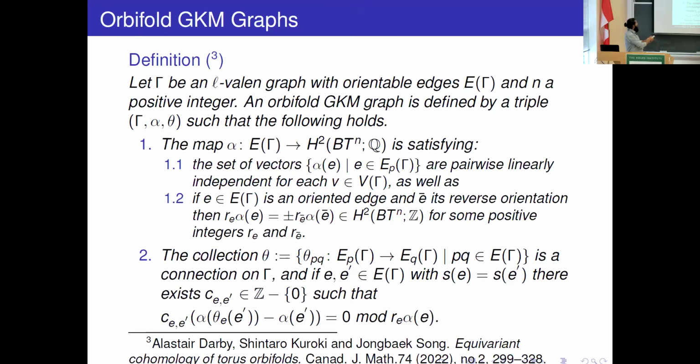But do they allow the same sign for the oppositely directed edges? It depends on the orientation, but we allow that one. Oh, I see. Thank you. But I will give one example.